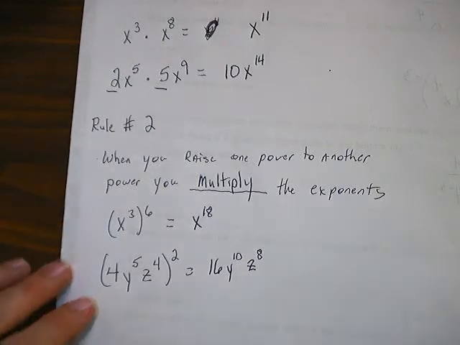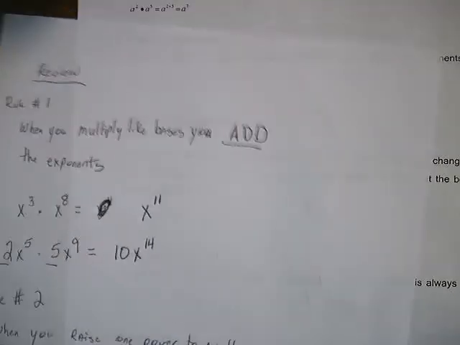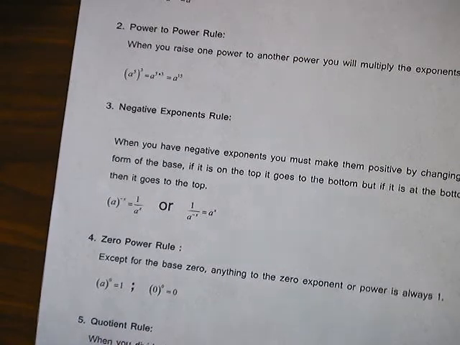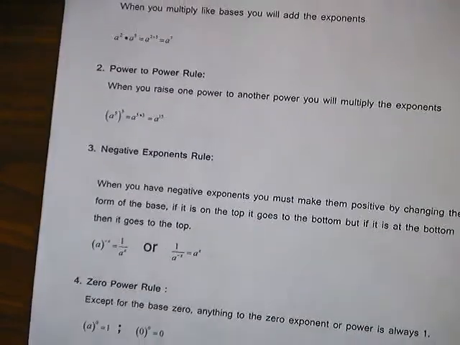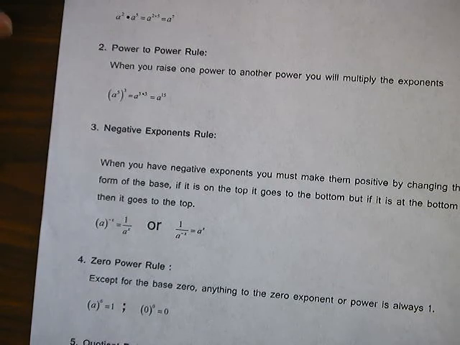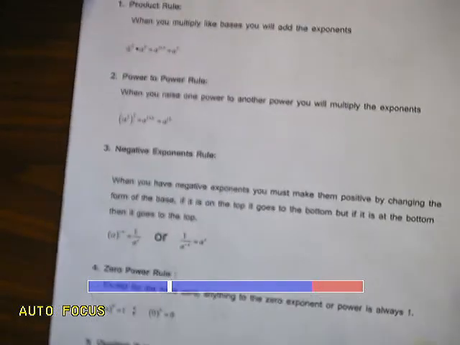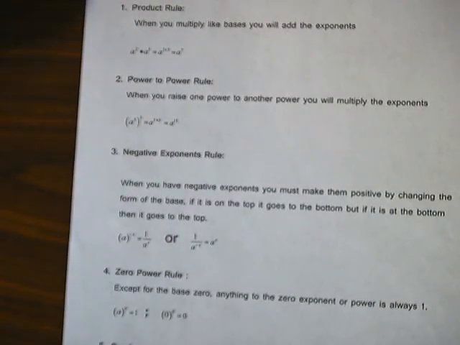Now on to rule number 3, the negative exponent rule. It reads, and you can follow along with your rule sheet: when you have negative exponents, you must make them positive by changing the form of the base.